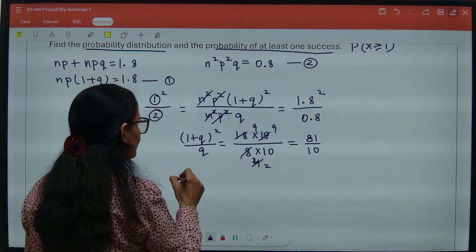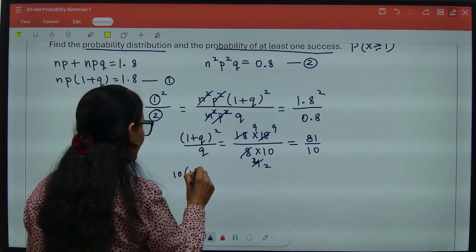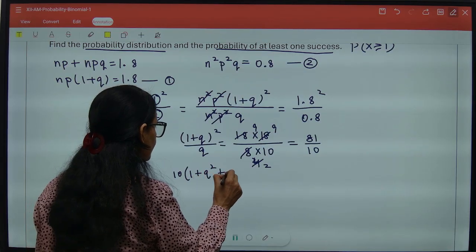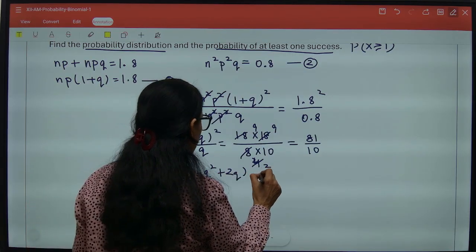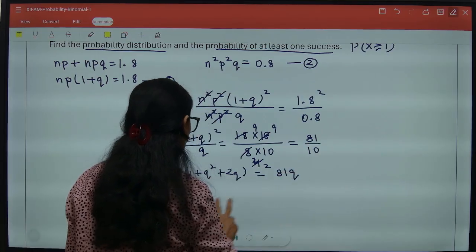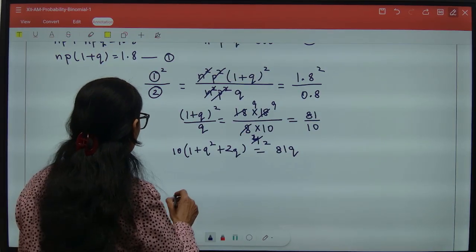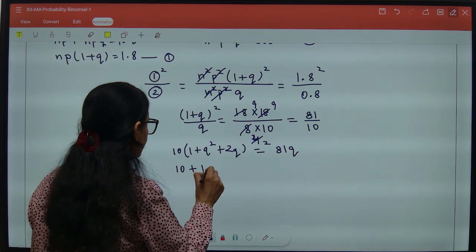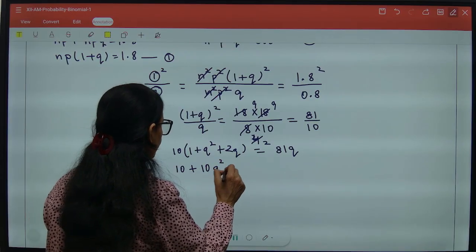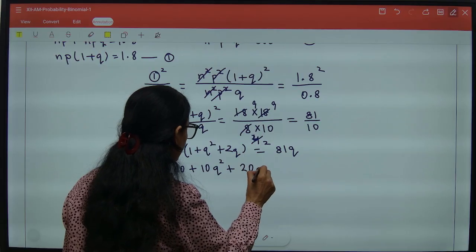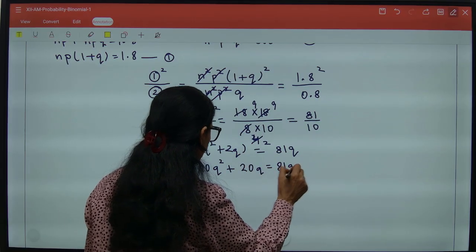Let's cross multiply. So it is 10 into 1 plus q square plus 2q, and this is equal to 81q. 10 plus 10q square plus 20q equals 81q.